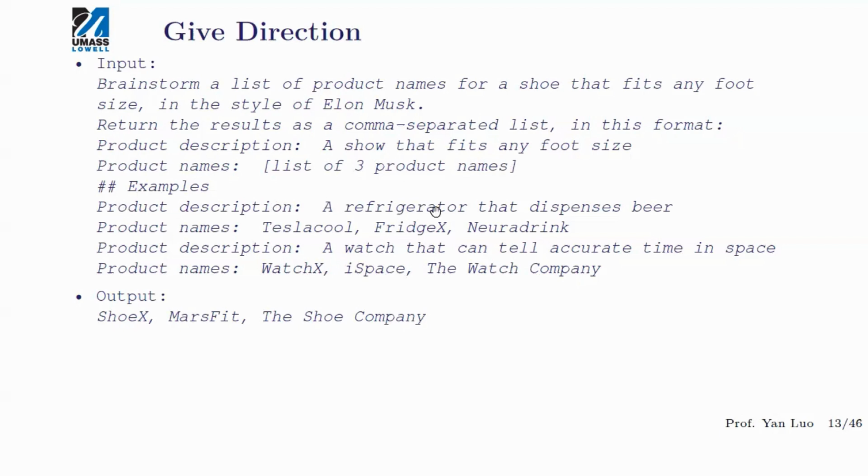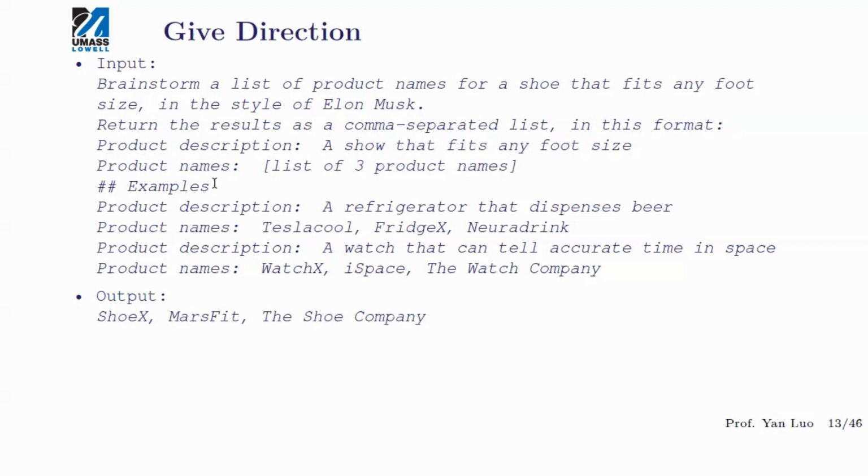For example, a refrigerator that dispenses beer, so have product names. So this is the example output: Tesla Cool, Fridge X, Neura Drink. Another example is a watch that can tell accurate timing in space. So the possible names are SpaceX, iSpace, the watch company. So these are the examples, and I also specifically say that I want to have these product names.